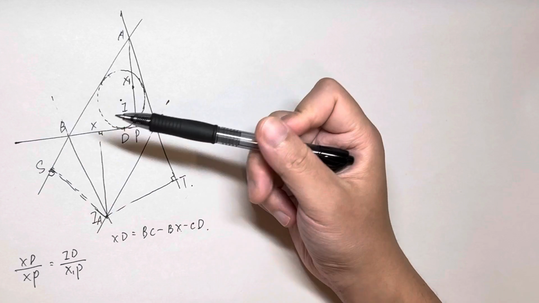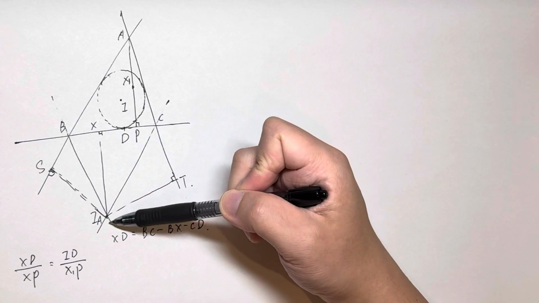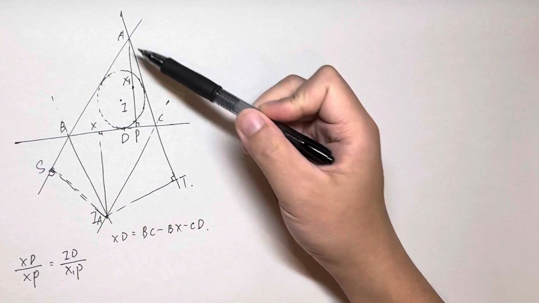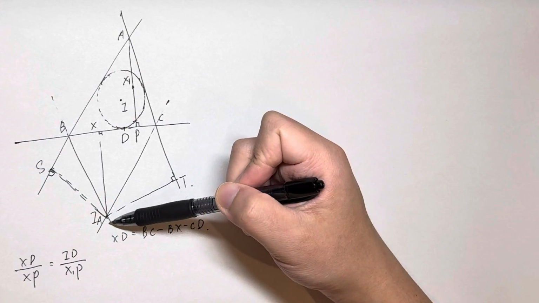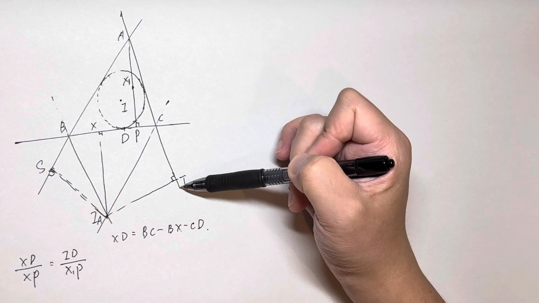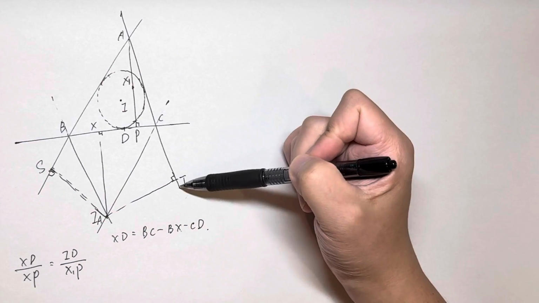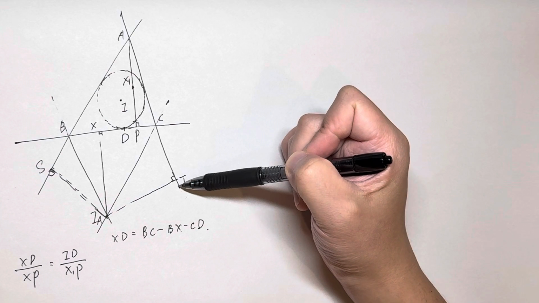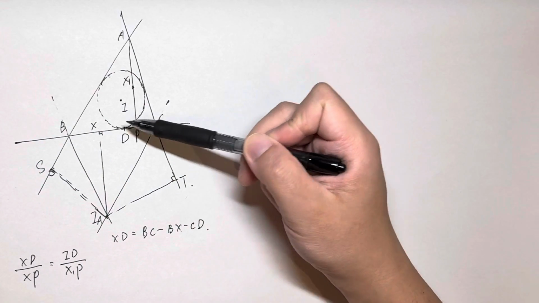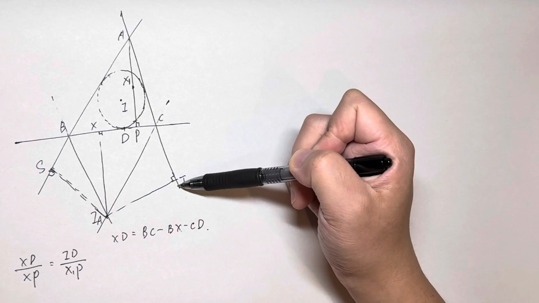That means triangle ASIA is congruent to triangle ATIA, which means AS equals AT. And we already know that BS equals BX, CX equals CT.